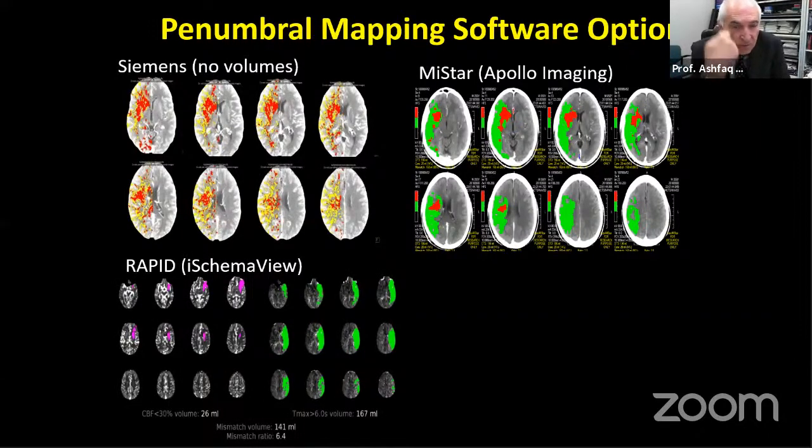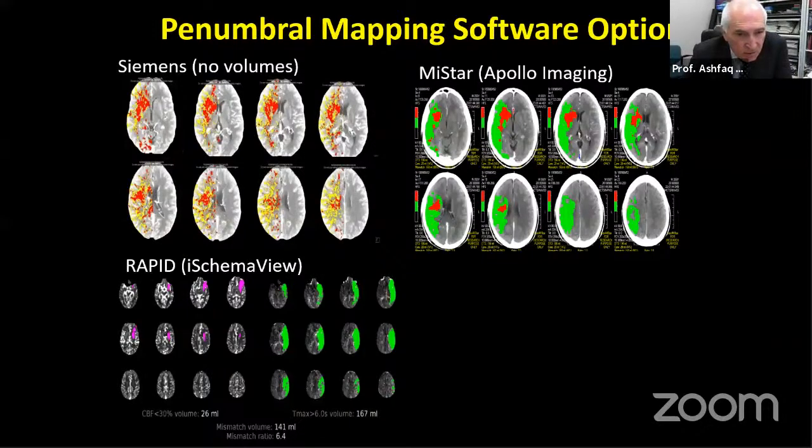It actually shows up on my wristwatch also, from outside I can see. And this is important because it tells you the core. The core is 26. And it also gives you the penumbra, or the tissue at risk. In this patient, the mismatch is very high. And I'll go back to this again because most of us feel that these kinds of software are the future.